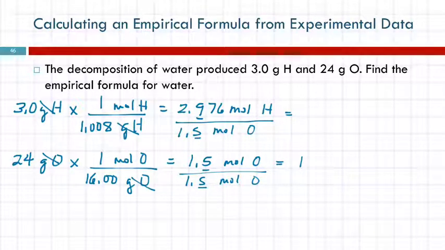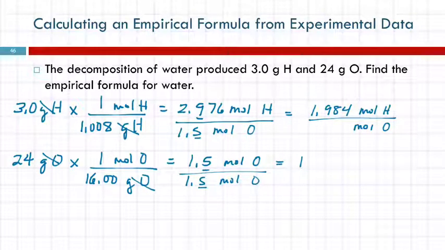This one, I've got 2.976 divided by 1.5. And my calculator tells me 1.984. And if we're looking at the units there, that's moles of hydrogen per moles of oxygen. Is this a whole number?